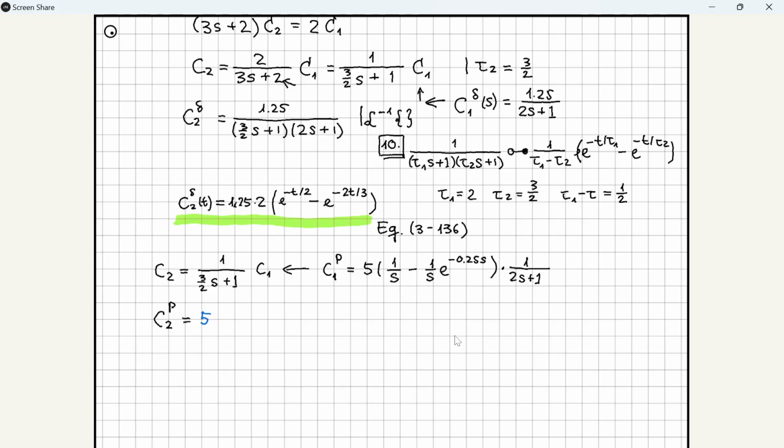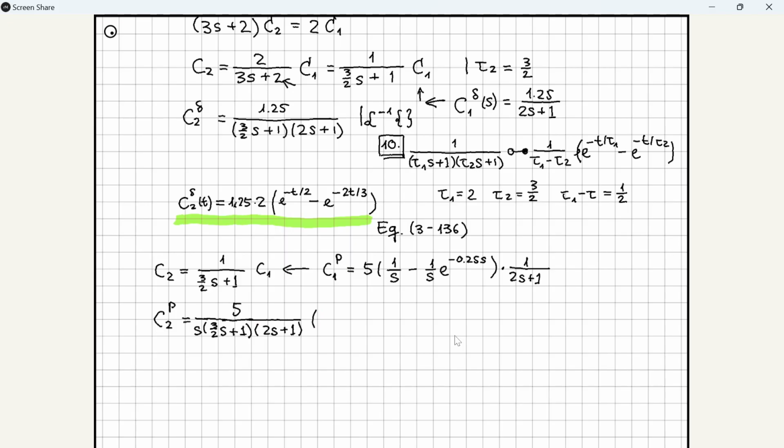So let's do this first here. Let's stick this in. So we're getting 1 divided by 3/2 S plus 1. Well, let's say it's 5. Let's put the 5 to this point. Times S times 2S plus 1.